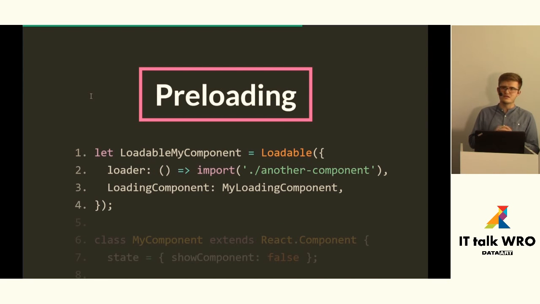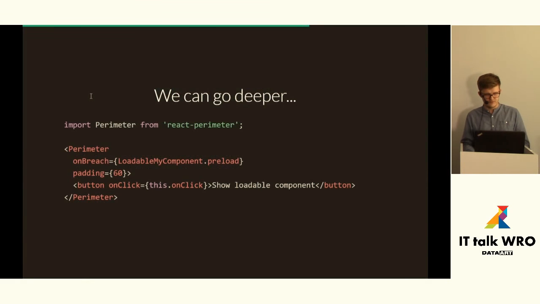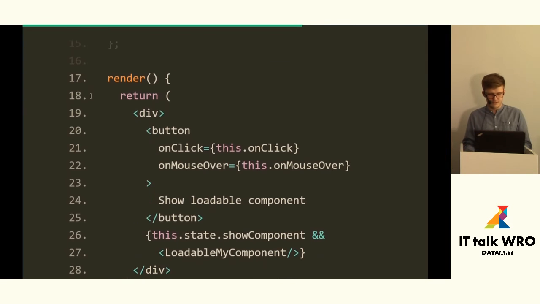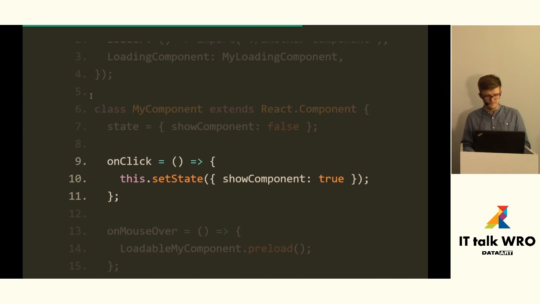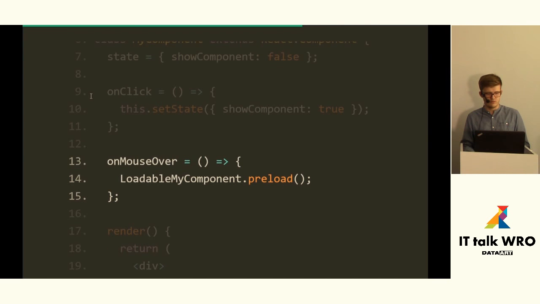And when we mouse over the checkout button, you can probably predict that the user will click on it, right? So it's like 80% that he or she will click on it. So we can specify a mouseover handler that will call loadable component dot preload, and it will start to download the code even before the user goes somewhere.